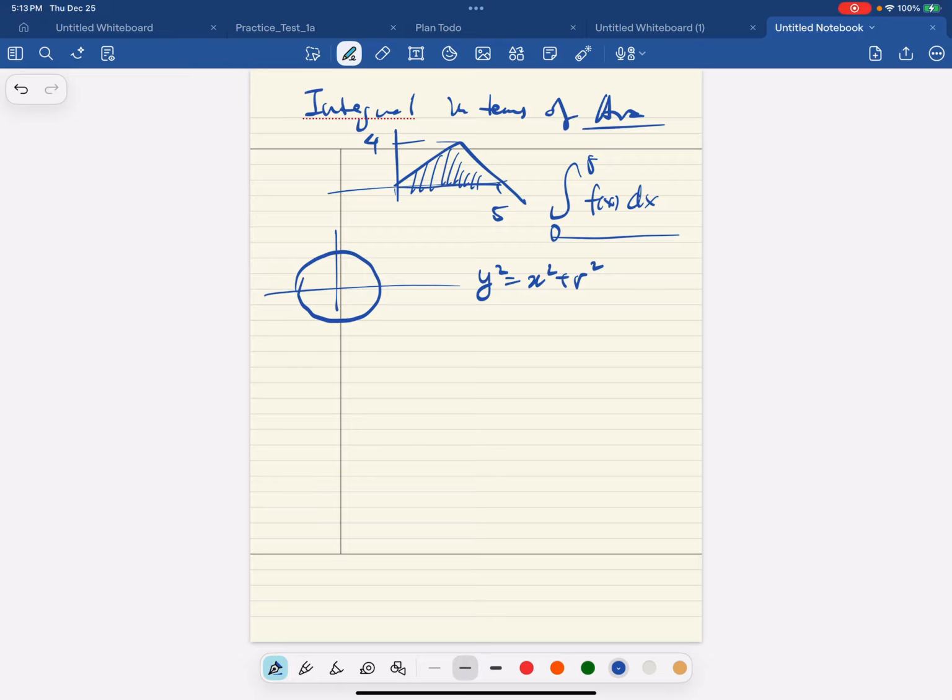But if you have the radius squared, actually that's not the right answer. It's actually y equals the root of r squared minus x squared, yeah, it's a minus sign.